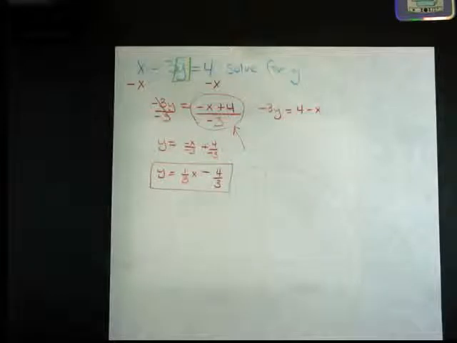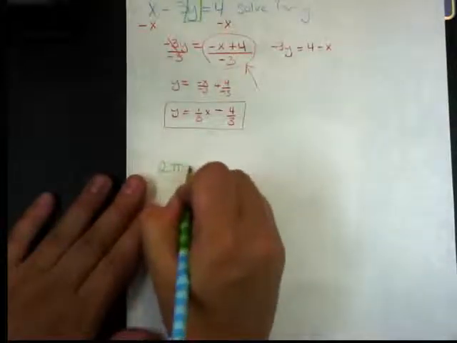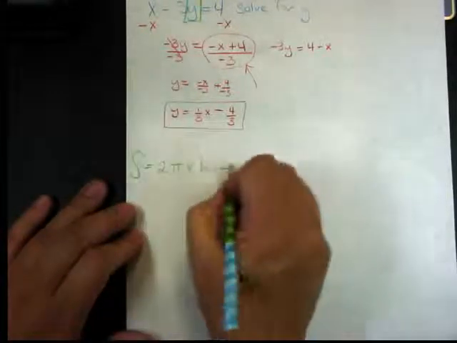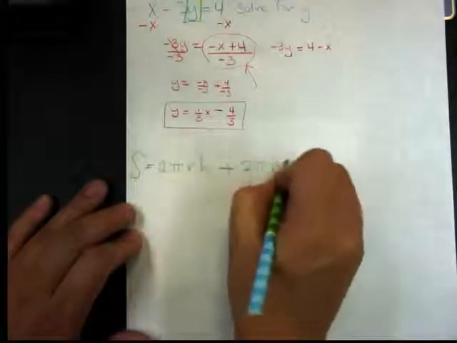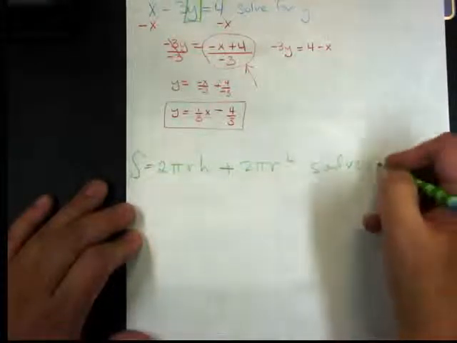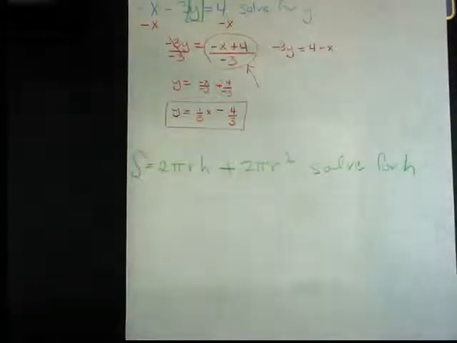All right, next example. s equals 2 pi rh plus 2 pi r squared, and we're going to solve for h. All right, so h is what we want.